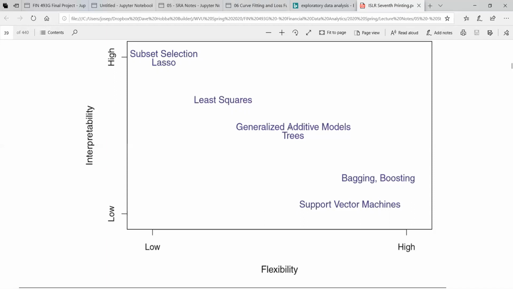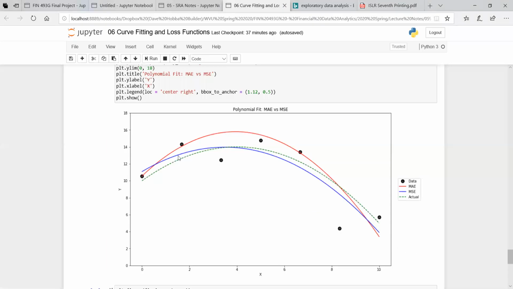Maybe you have more predictability with GAM or boosting or support vector machines, but they're not as interpretable. One of the things that makes ordinary least squares nice is that it's easy to interpret. It's linear in coefficients. It's linear in the parameters.